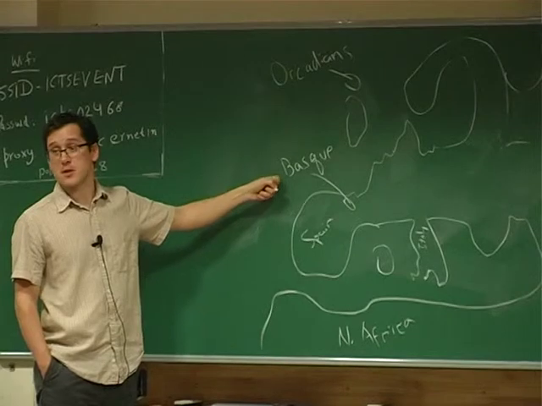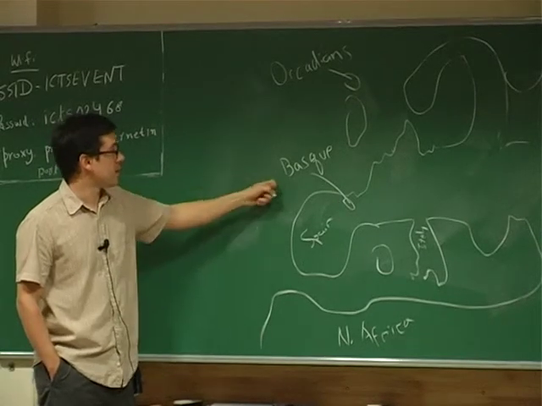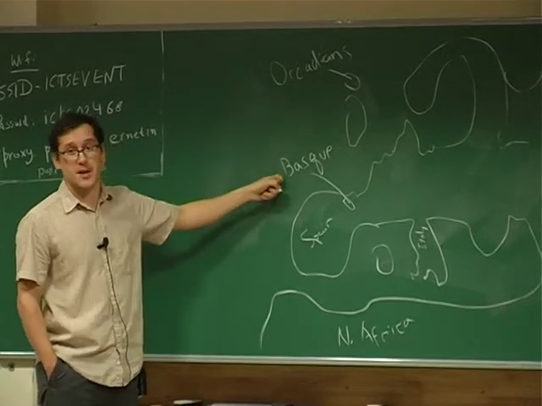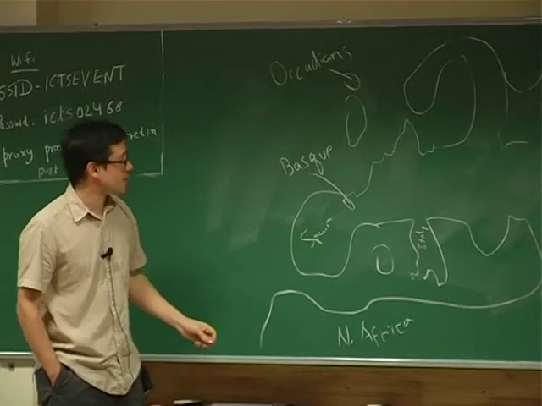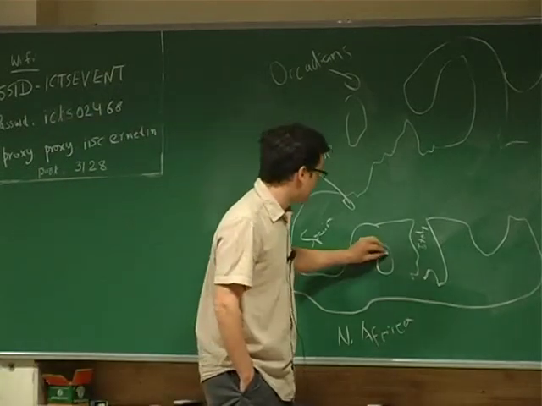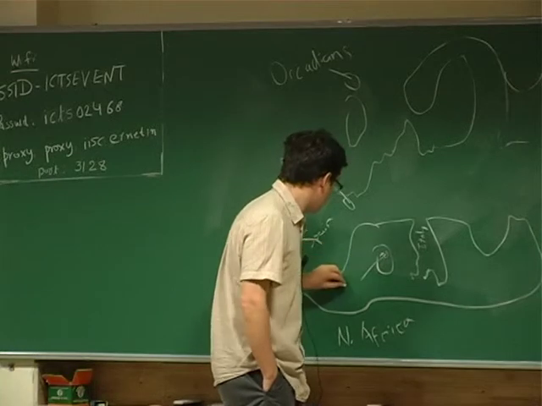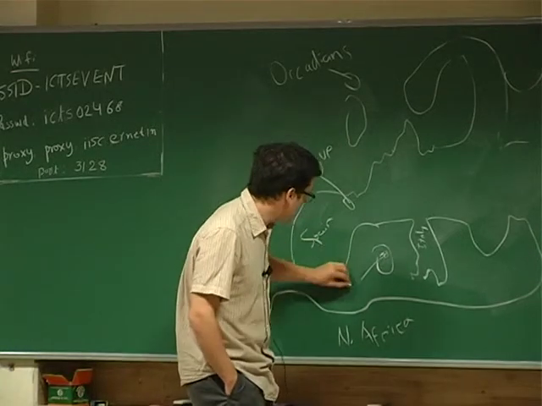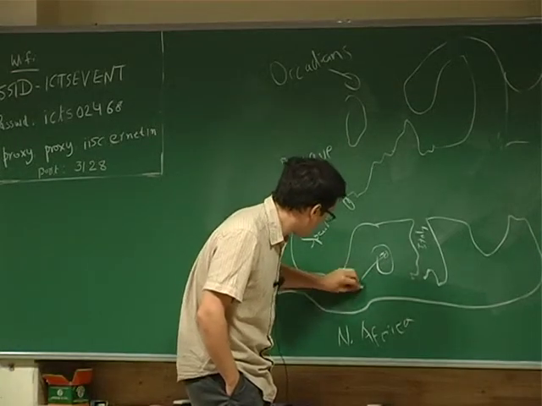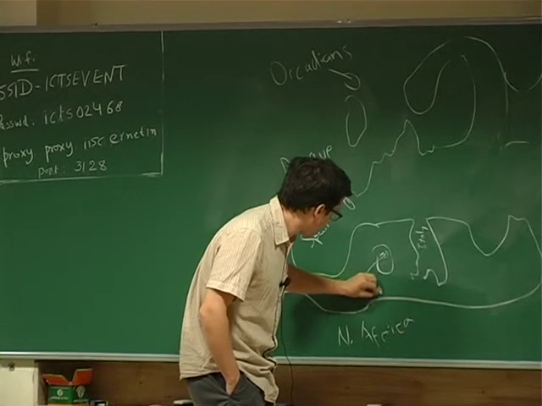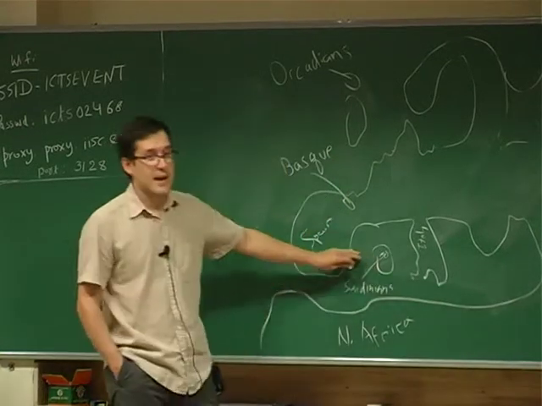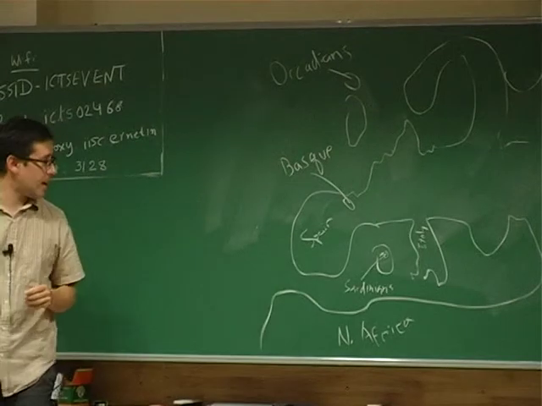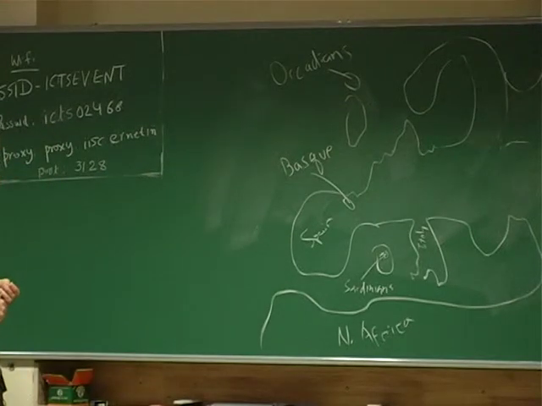They speak a language that's hard to interpret in terms of its relationship to other Indo-European languages. There's the Sardinians. So this is the island of Sardinia in the Mediterranean. It's a mountainous island with a lot of different villages that are separated.